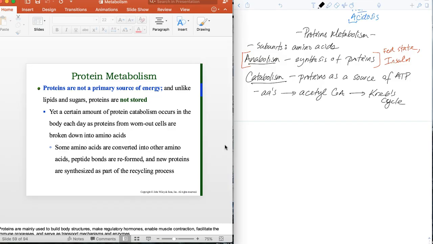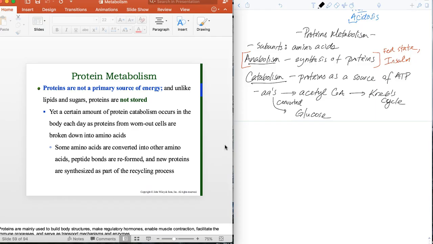This can be done by the liver, which makes sense. So with metabolism, if you're ever stuck wondering what organ is doing this, it's probably the liver. Amino acids can also be converted into, and may have to be, several of these to make glucose, to maintain your blood glucose.